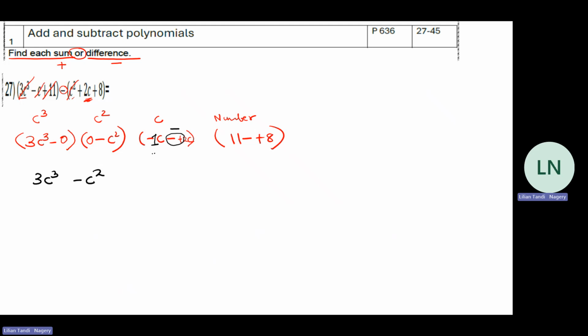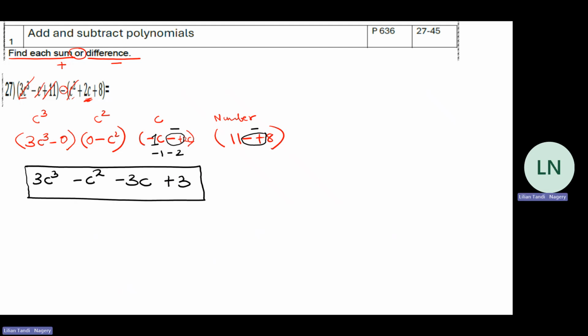So what is negative 1 subtract 2? That is negative 3. And the c stays. Then here I have 11 minus positive 8. This becomes subtract. 11 minus 8 is 3. Positive 3. Okay? Then I box my answer. That is the answer to that question.